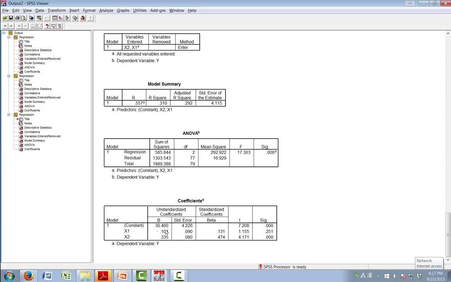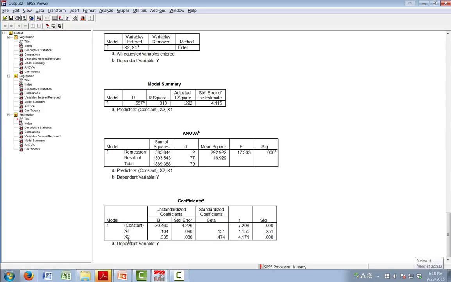Let's put in some context. Let's say your dependent variable is educational achievement, like SAT or SOL score, a standardized learning outcome score, right? X1 is how much they're studying, and X2 is, for example, test anxiety, right?